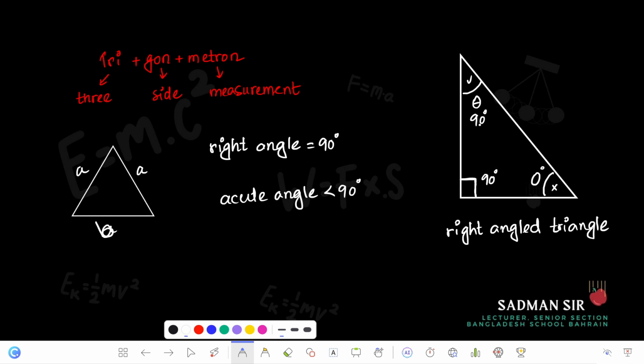So if one angle is 90-degree, the other has to be less than 90-degree. For example, it can be 89-degree and this can be 1-degree. So 89, 1 and 90 together form 180-degree. That is why the other two angles in a right angle triangle are both acute angles.